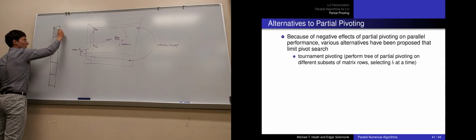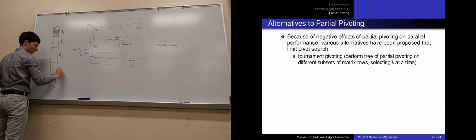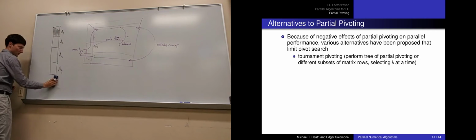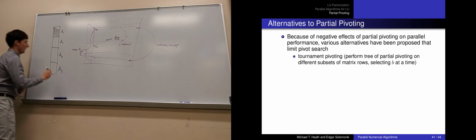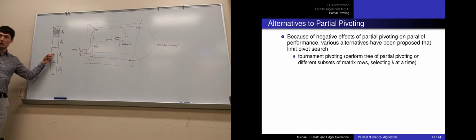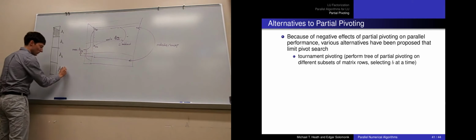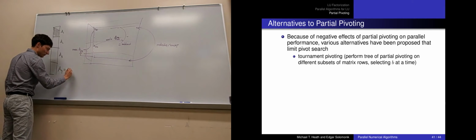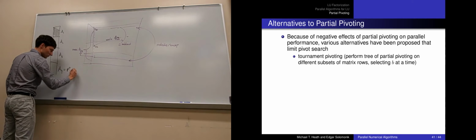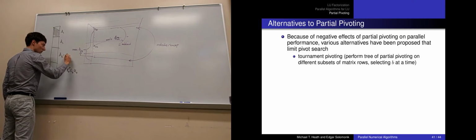So if we call these blocks A1, A2, A3, A4, don't forget about the last block because they're like powers of 2. What we'll do is actually try to do first partial pivoting LU within each block. So you would compute factorizations like this.